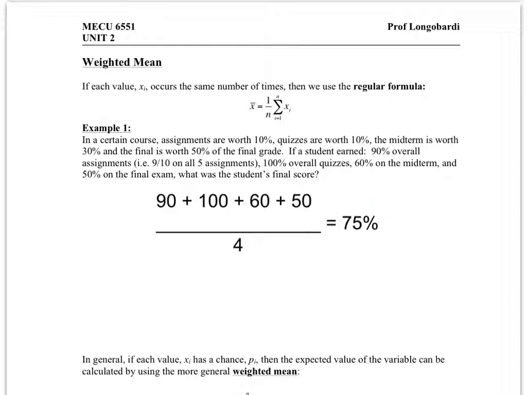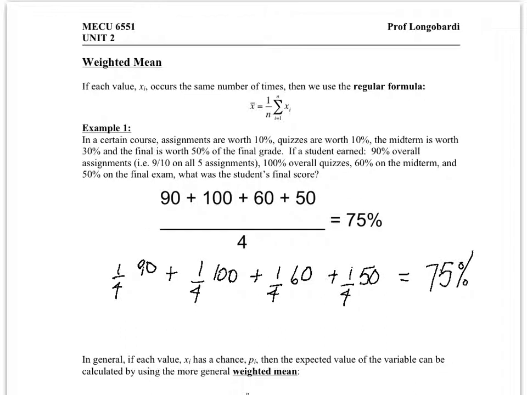Now, couldn't I have written that like this? Couldn't I have distributed the 4 to each of these components and written it like this? 1/4 times 90 plus 1/4 times 100 plus 1/4 times 60 plus 1/4 times 50 equals 75%.